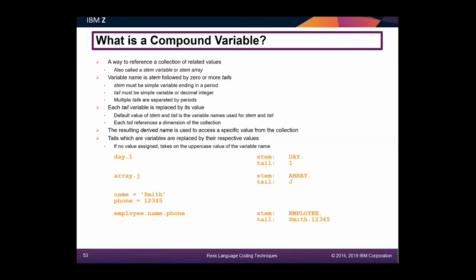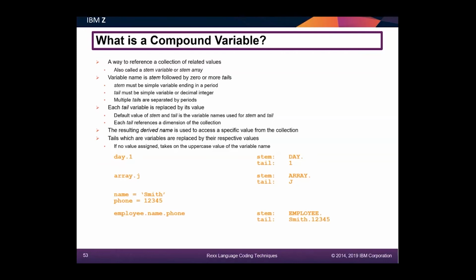So what is a compound variable? A compound variable or a stem, I think of them in other languages as arrays. So it's a way to have multiple things, multiple entries stored with one variable. So in Rexx, we call that a stem variable or a stem array.